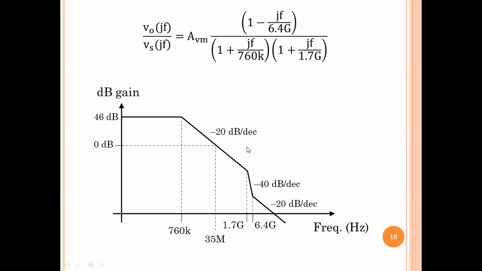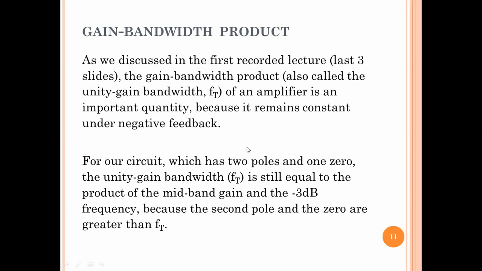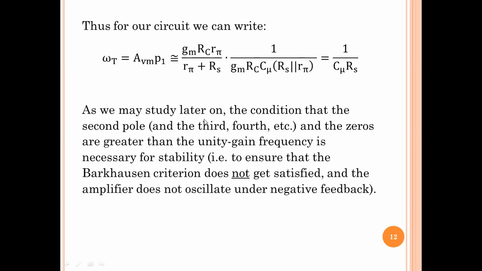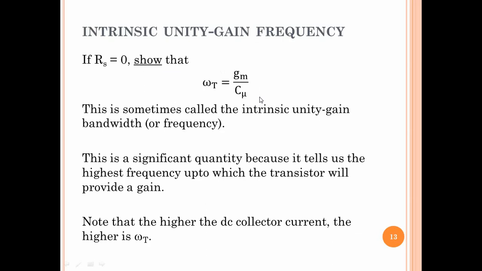So this is a realistic Bode plot for most amplifiers, and therefore this expression, the unity gain frequency being the gain times the 3 dB bandwidth, is correct for most amplifiers even though they have multiple poles and zeros.